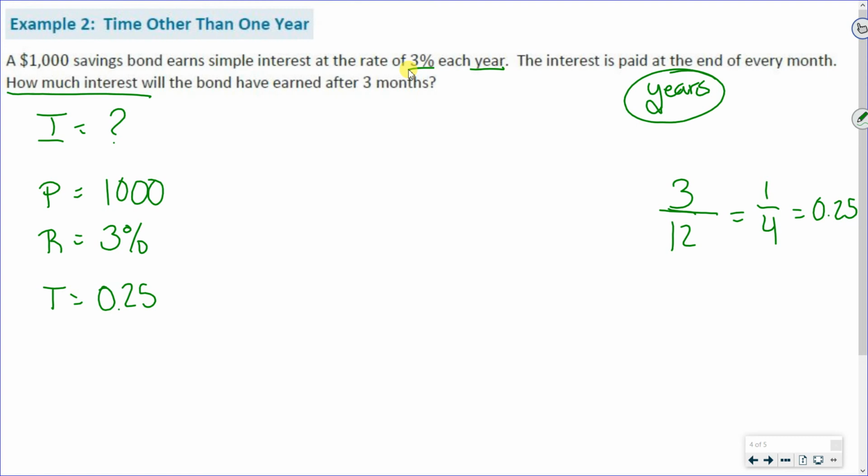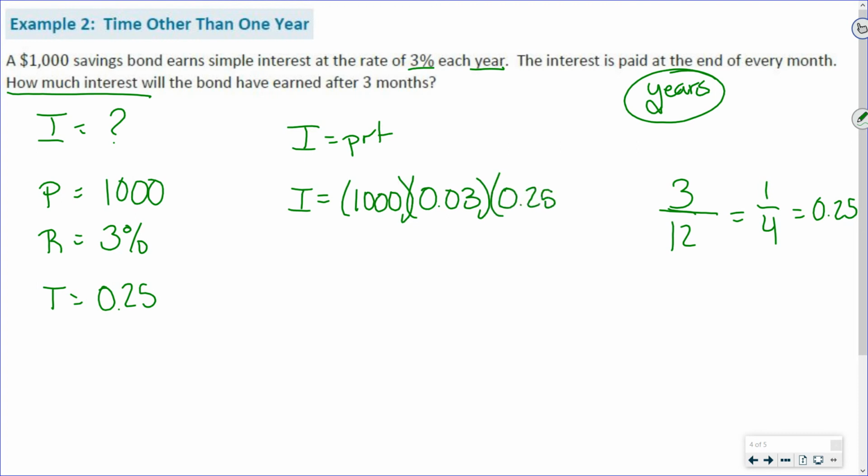So you plug it in the calculator and we come up with our solution. So, well, I guess we got to set up the formula first. I equals PRT, where I equals 1,000 times 0.03 times 0.25.